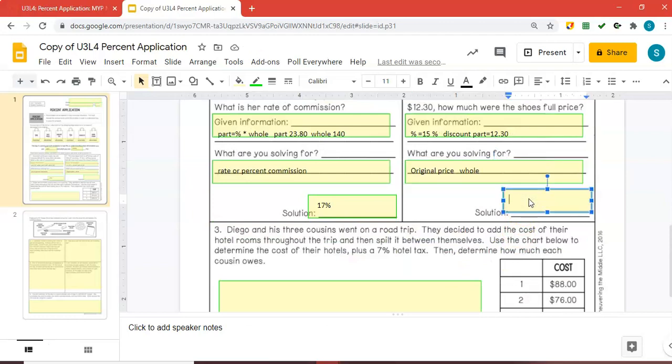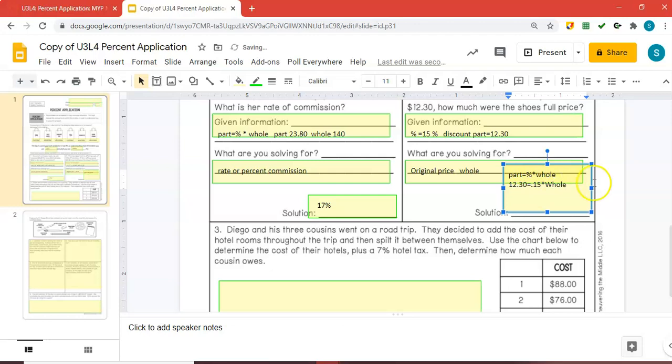So when we use our equation, part equals percent times whole, and I'm going to move this up just a little bit so we can do a couple of equations in there. Let's put in the pieces that we know. The discount was $12.30, and that has to be 15% of the whole.